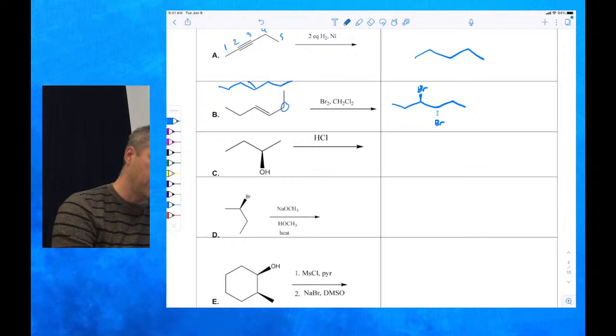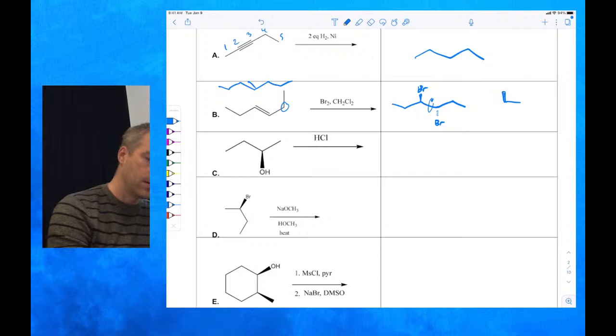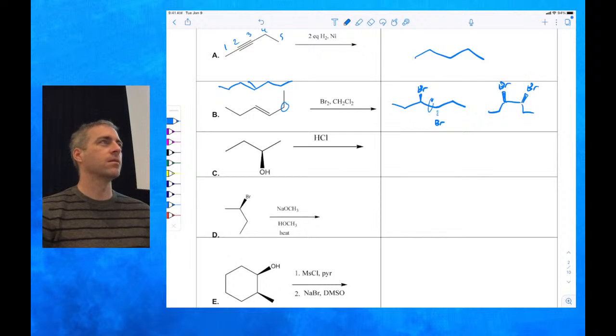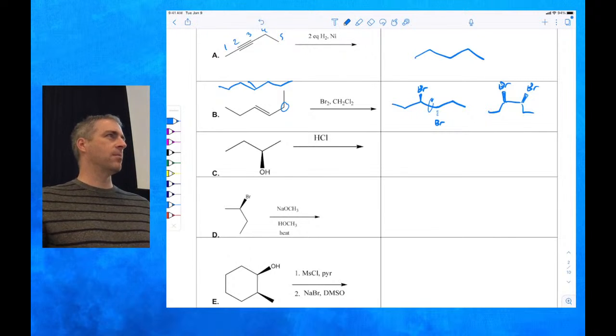And it turns out for this molecule, it didn't ask you to do this, but if you rotate that bond around, you get this molecule. So if you have a trans alkene and you add Br's trans, you end up getting a molecule that's going to be meso if all the groups are the same on both sides of the double bond.